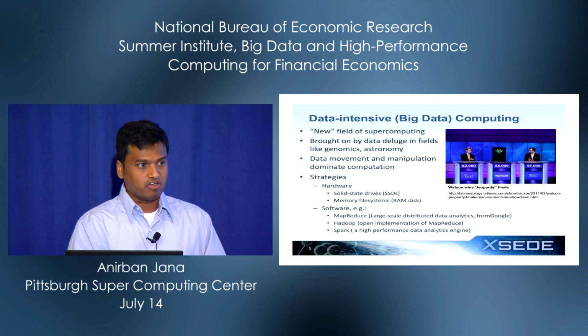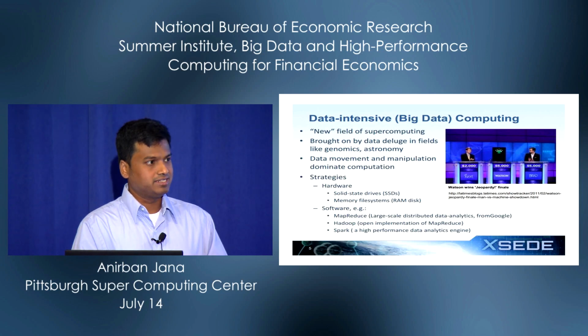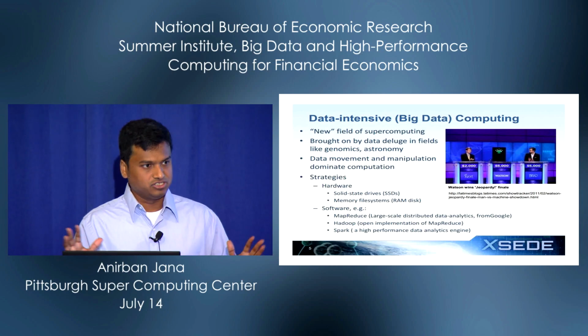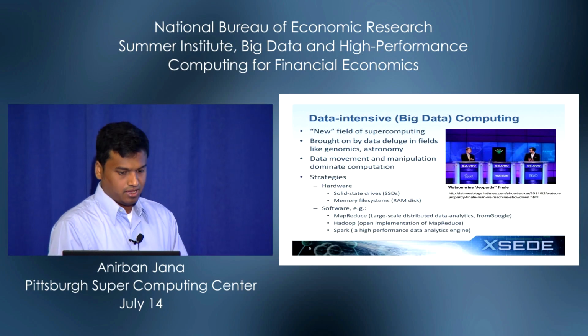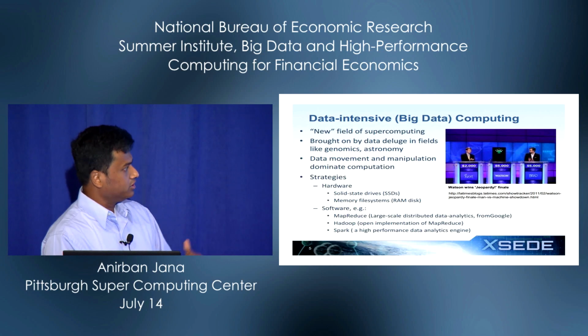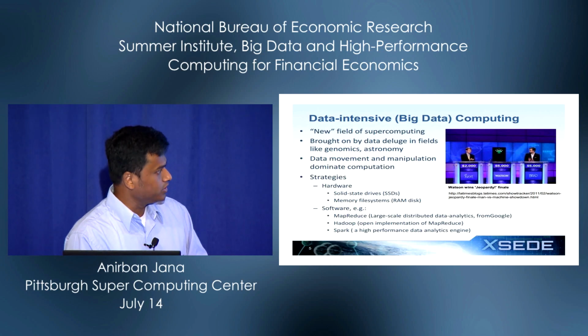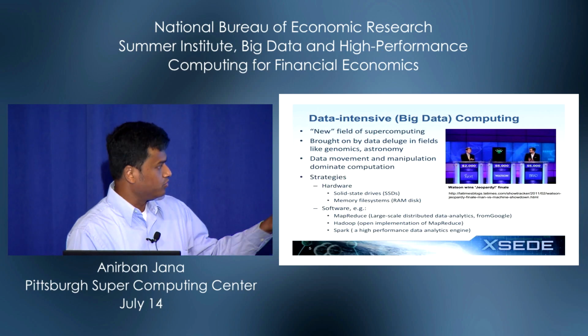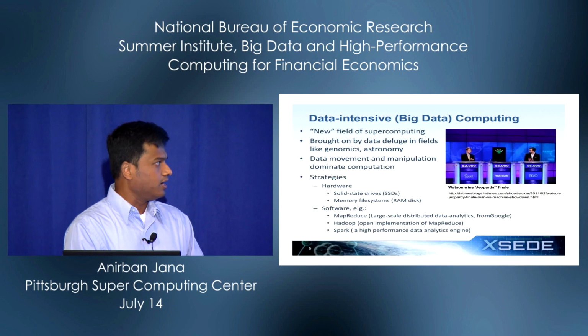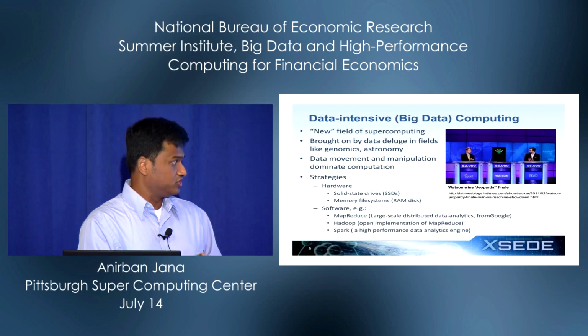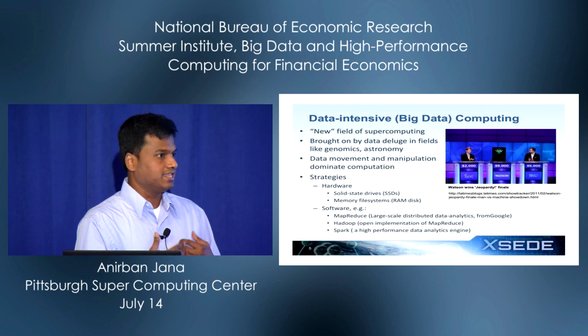Then there are software solutions for doing data analysis in a very large-scale distributed fashion. For example, the MapReduce algorithm that came out of Google, of which Hadoop is an open implementation. Then there is another implementation called Spark, which is just very efficient data analytics.